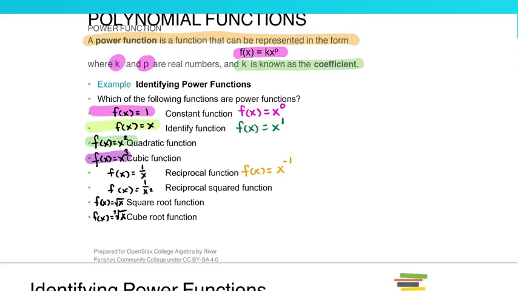So f of x equals 1 over x is the same as f of x equals x to the negative 1. So that is a power function. And then for reciprocal squared, that means f of x equals x to the negative 2. So that is also a power function.